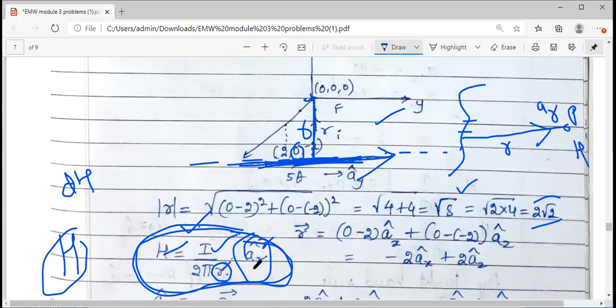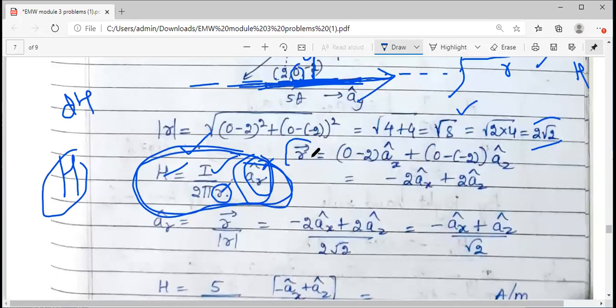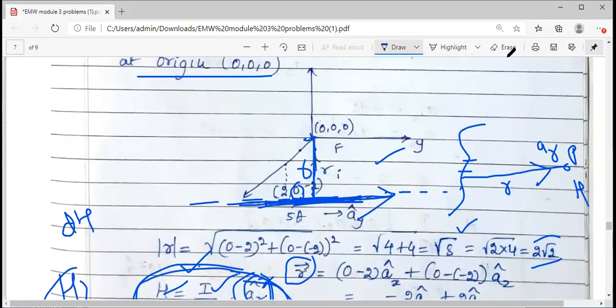I have taken AR here, but when you calculate at the end using cylindrical coordinates, you'll get A phi. Fine. So what is AR? Whatever position vector we need to calculate, divided by its magnitude. So what is the position vector? You have the points. I have symbolically written I and F. You can see the direction I have mentioned for AR is like this, because here we need H, and this is your dL value.